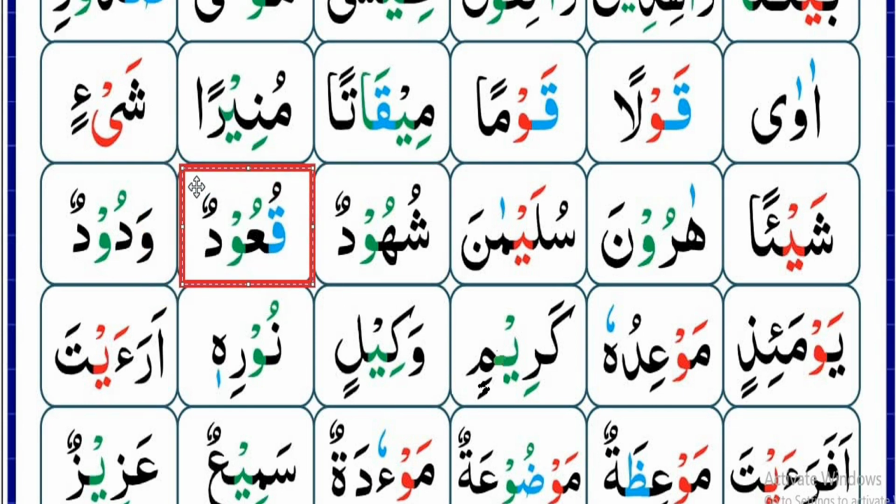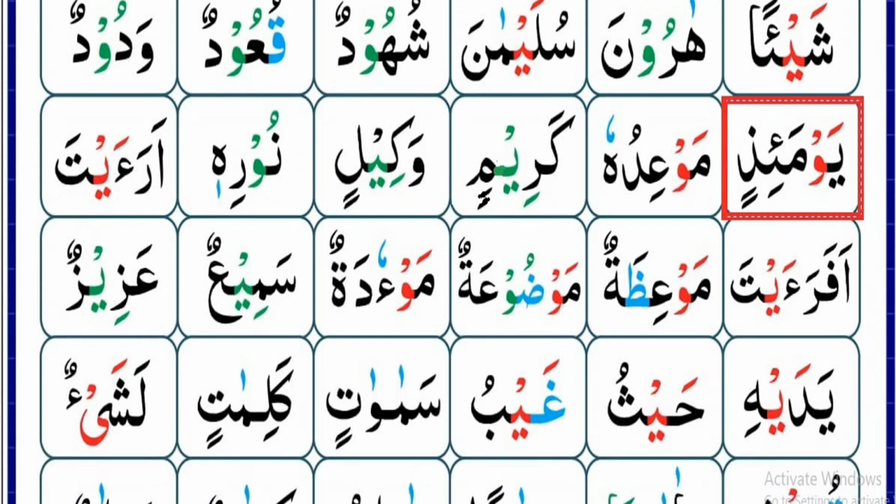Qaf dhamma qu, ain waw dhamma u, qu'u, dal dhammatain dun, qu'udun. Waw fatha wa, dal waw dhamma du, wadu, dal dhammatain dun, wadudun. This waw is a madda letter because the sign before waw sakin is a dhamma.